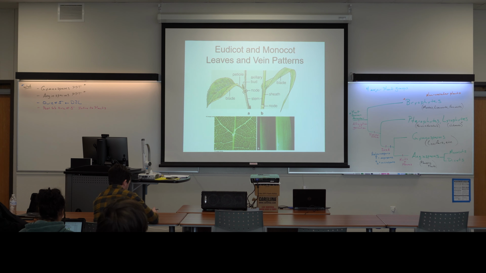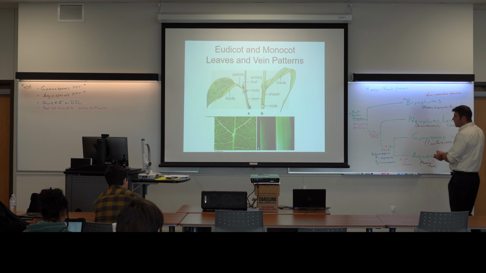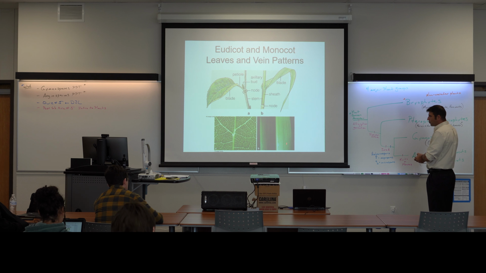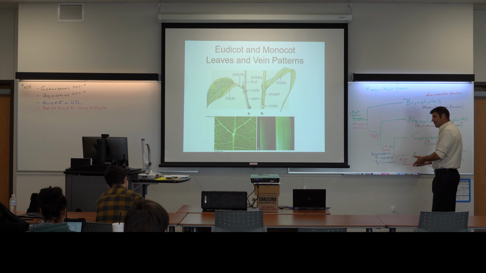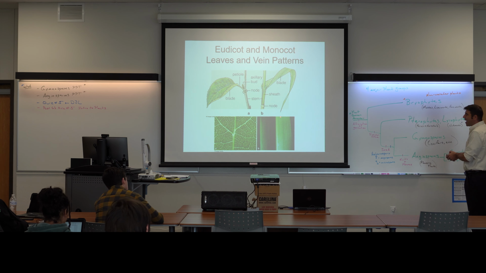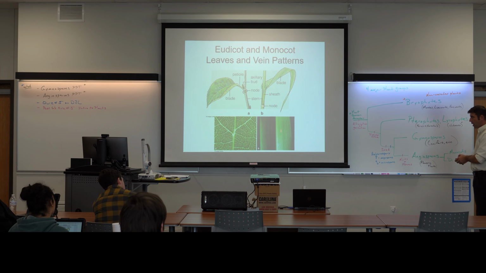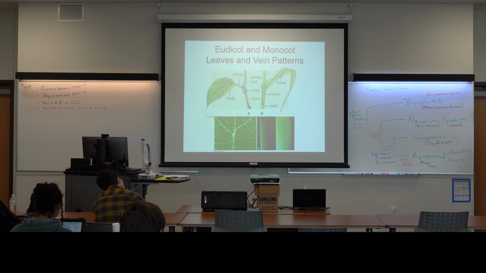They're like the one on the left, where they have this network of veins that branch away from this mid vein. If it branches, it's a dicot. If the veins run parallel to one another, like you would see in a grass, all of the grasses are monocots. Something like bamboo has parallel veins. It is also a monocot. So parallel veins, monocot; branched veins, dicot.